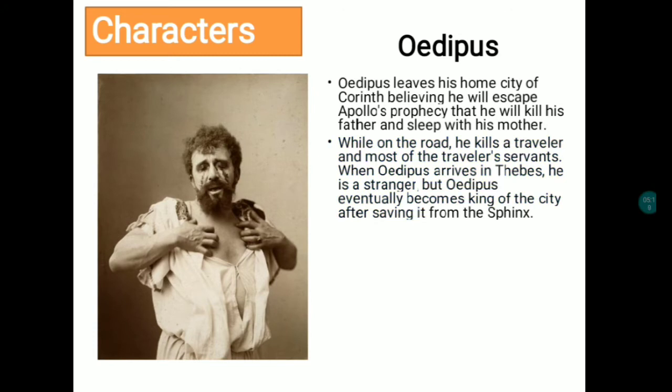Oedipus came to the city of Thebes at a critical point when the city was attacked by a creature, which put forward a riddle, and if anybody failed to give the actual answer, he was thrown into death. So that's how the critical situation was going on, and after coming into the city, Oedipus saves them and becomes the king of that city.